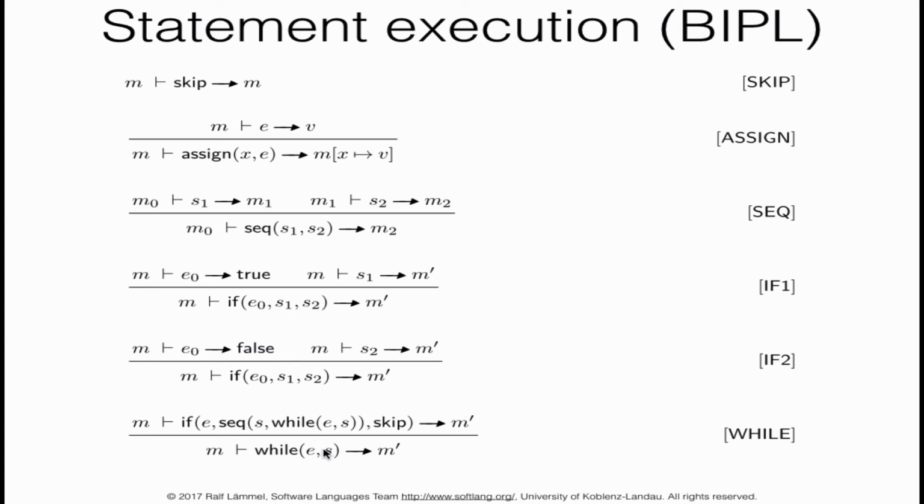And here is an interesting semantics of the while statement or while loops, where we basically say executing a while loop is like executing an if statement where we test for the same condition as in the while loop. And if the condition holds, we first execute the body once, followed by the while loop again. And if the condition didn't hold to start with, then we just have the empty statement in the else branch.